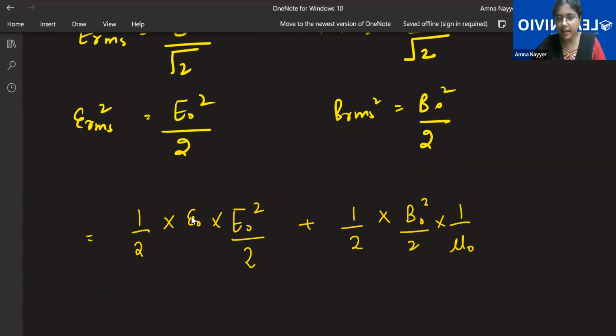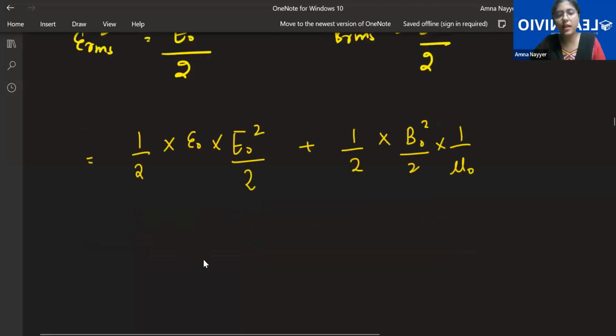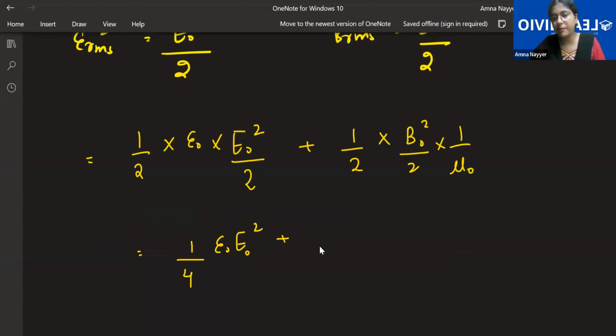Half epsilon naught E RMS square plus half B RMS square by mu naught. So this makes it 1 by 4 epsilon naught E naught square, and the peak values formula will be this.